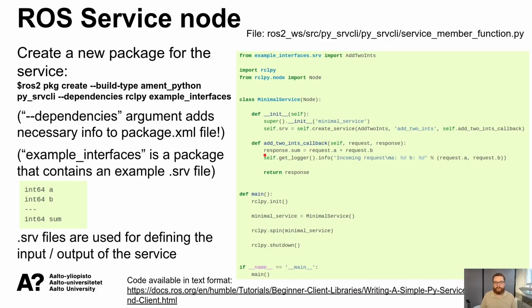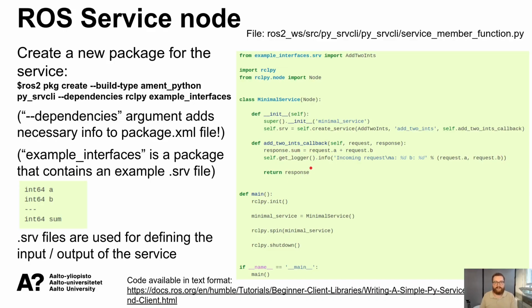So what we are doing, we are saying response.sum, the sum being defined here as what we are outputting, and this equals request.a plus request.b. Since we are just summing them together and storing the sum here. And here we are just logging information, and from the callback we are returning this response.